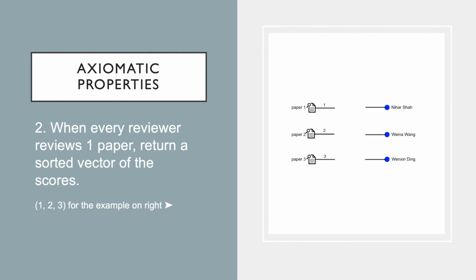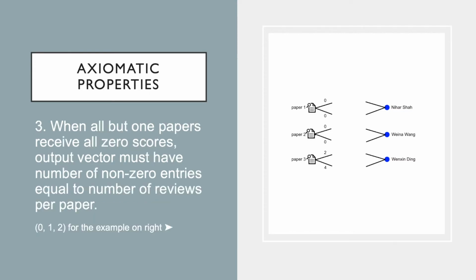This is, again, the true vector and can be obtained from the public data. Lastly, when we consider a scenario when all but one papers receive all 0 scores, the output vector should also be equal to the exact answer, and this can be obtained from the public data.